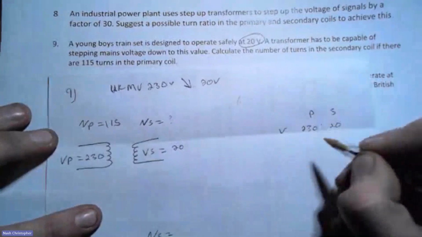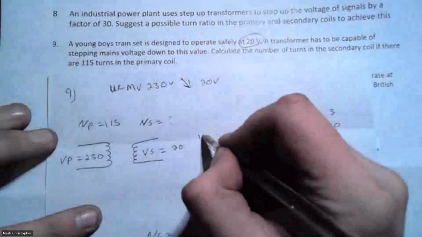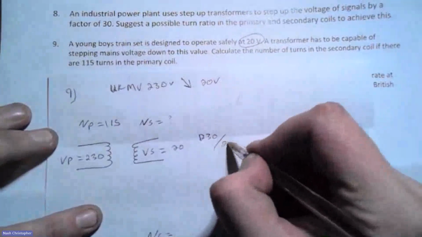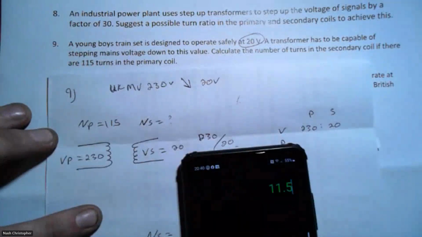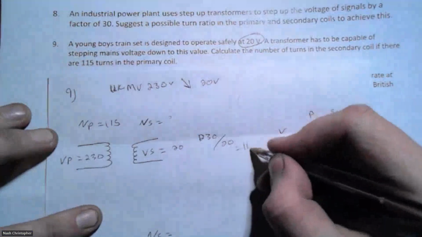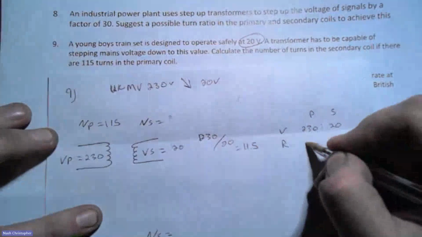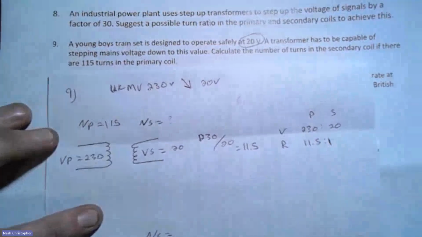So we've got a voltage on either side, primary, secondary voltage, 230 on the primary, 20 on the secondary. Ratio: 230 divided by 20 is 11.5. So the ratio is 11.5 to 1.